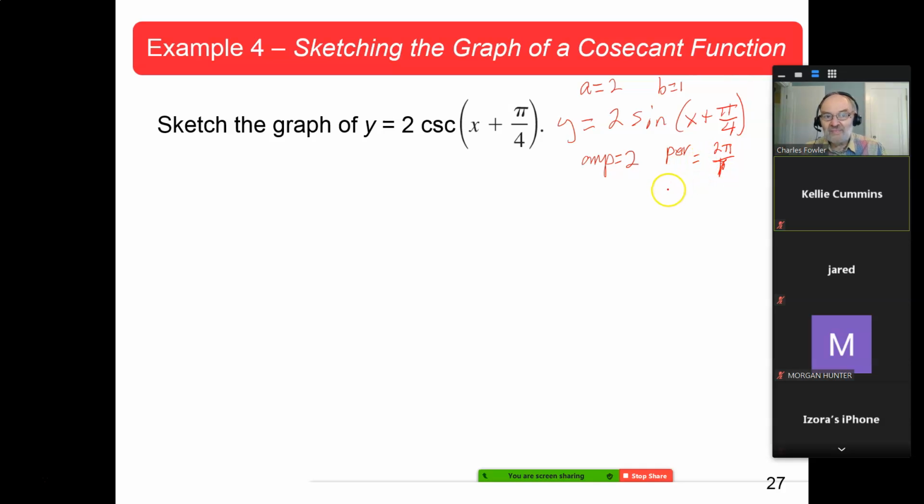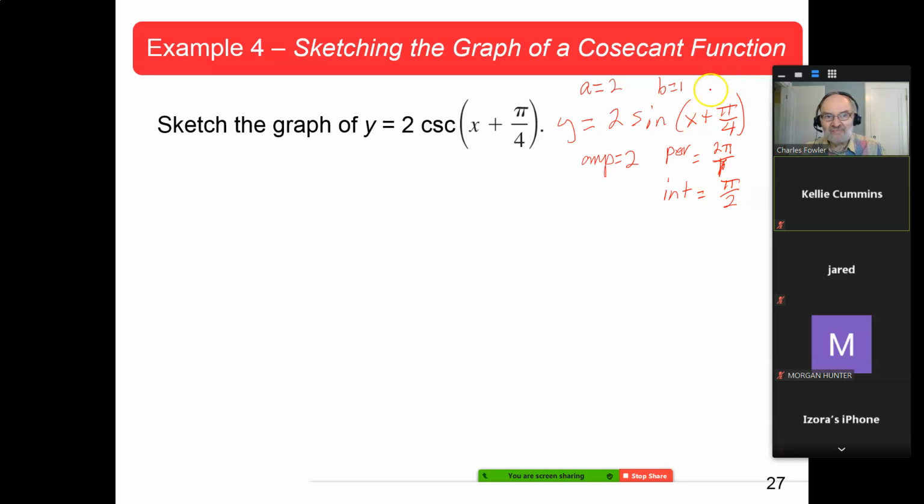Then determine the intervals. Take the period, 2 pi, and divide by 4, and that makes the interval pi halves. 2 pi divided by 4 is pi halves.